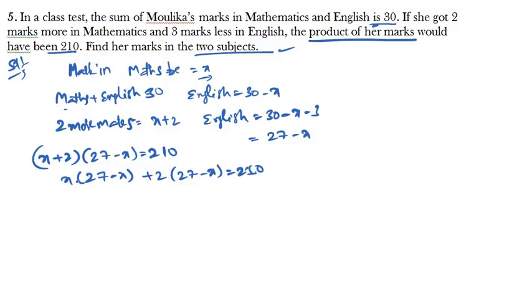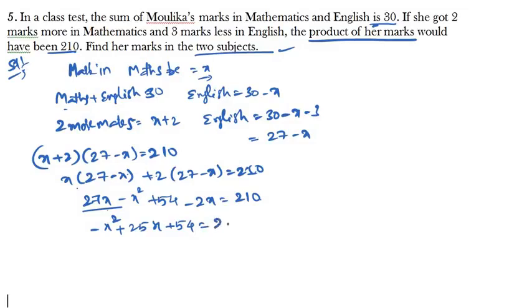So X into 27 is 27X, minus X into X is minus X square, plus 2 into 27 is 54, and 2 into X is 2X, minus 2X, is equal to 210. So minus X square plus 27X minus 2X, that is 25X, plus 54 is equal to 210.